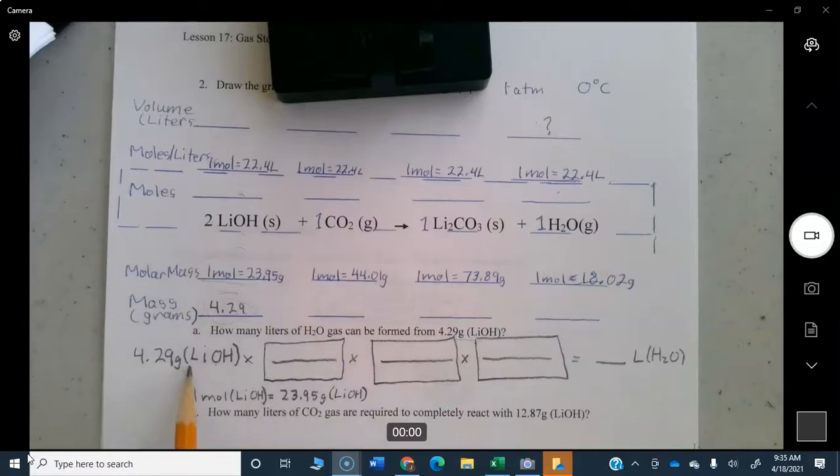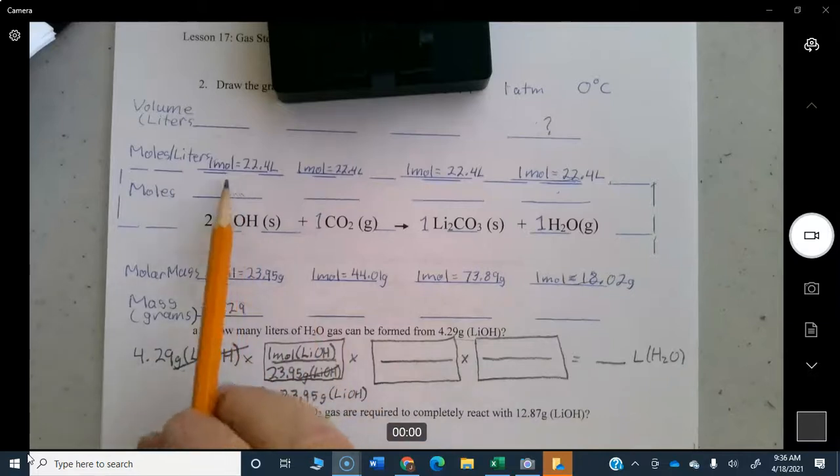Whatever this one is has got to be on the bottom. So it's this one over here. It's grams of lithium hydroxide. Grams of lithium hydroxide cancels.